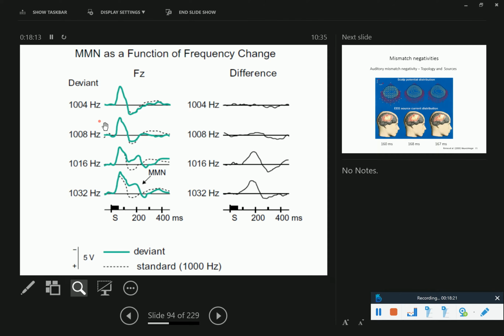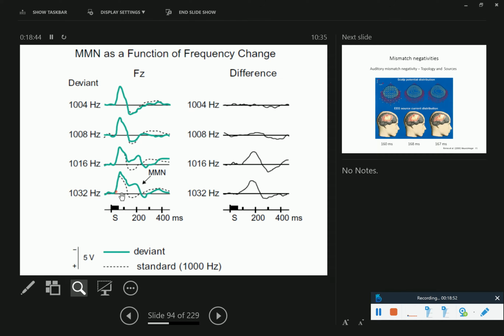And you should also keep in mind: isn't this confounded by the stimulus? Because here you have the standard and the deviant, obviously they're different stimuli, so why is this not just the response to a high frequency tone, and why is this interpreted as a mismatch negativity? These kinds of experiments often don't take care of that.